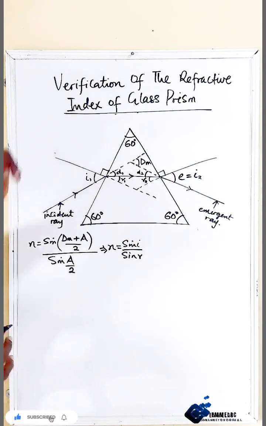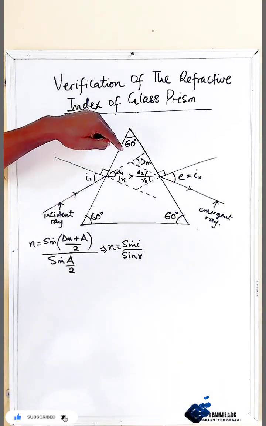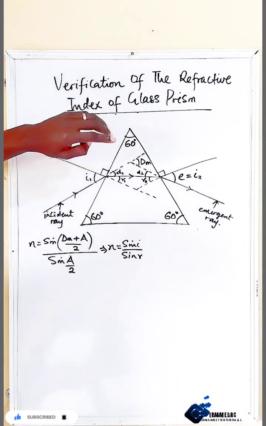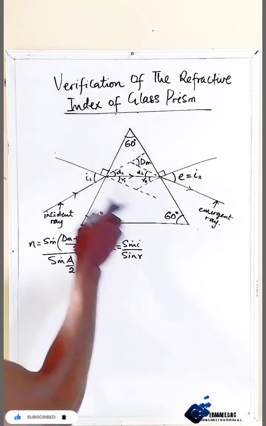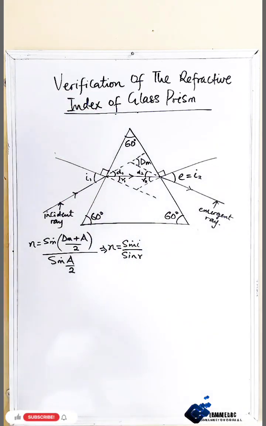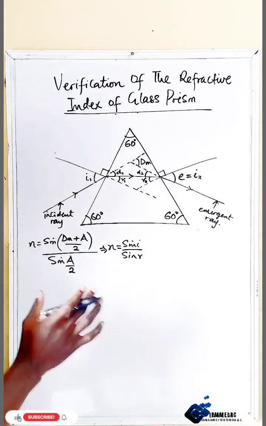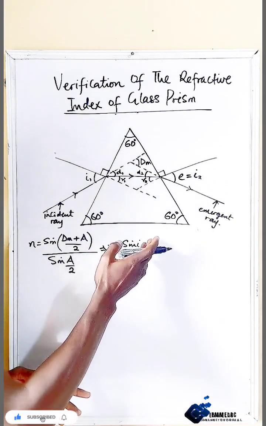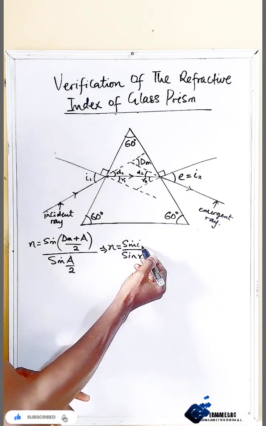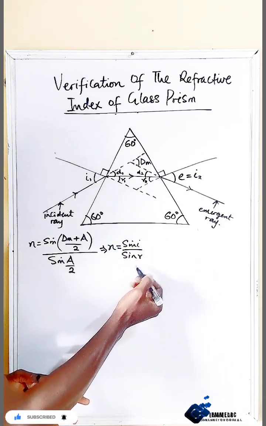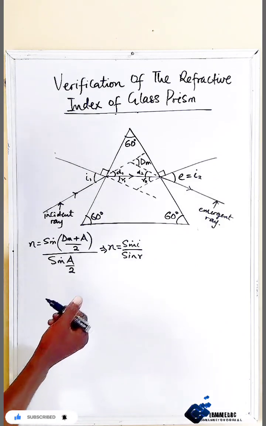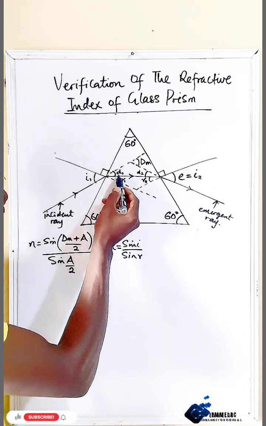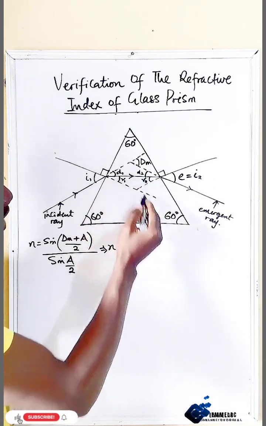The minimum deviation is the smallest deviation produced by the prism. Here we will now start deriving the expression for the incident angle and the refracting angle. Let us take a look at D1 and D2.